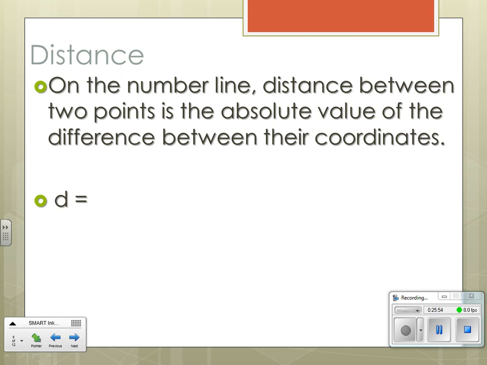We're going to look at this in two forms. One-dimensional on the number line is first. And in that case, distance between 2 points is the absolute value of the difference between the points.